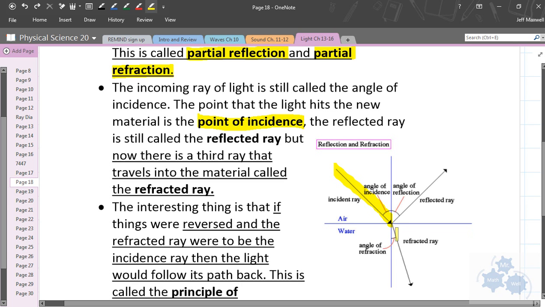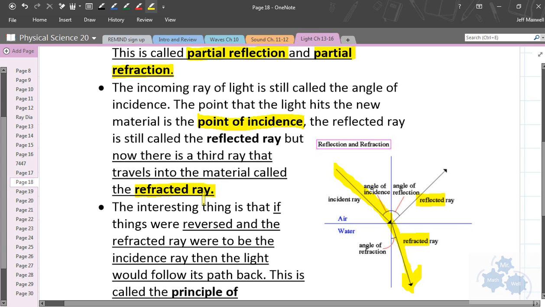As the light travels through the border of the medium here, from one medium, in this case air, into water, this is the refracted ray. Reflected and refracted, they're different. One is bent and one is a bounce off. That's the difference. So the third ray that travels into the material is called the refracted ray.